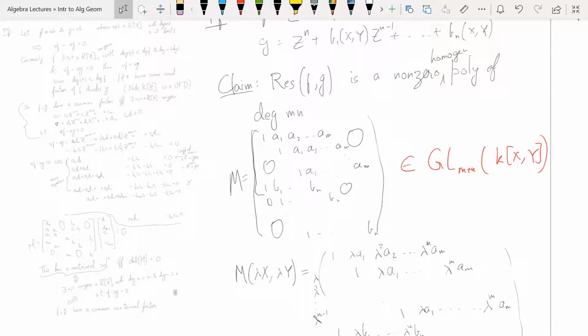So we want to show that the determinant of M is, well, M is an m plus n cross m plus n matrix. I don't know if it is invertible.